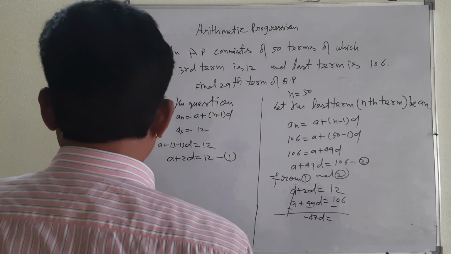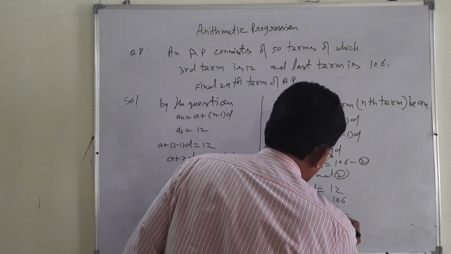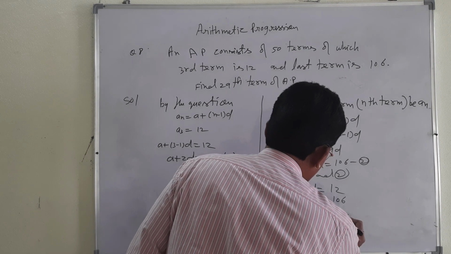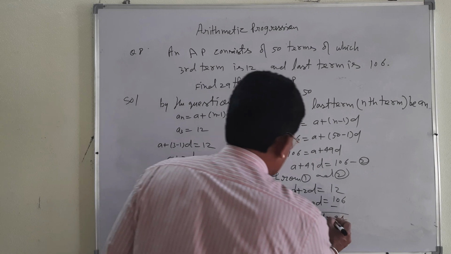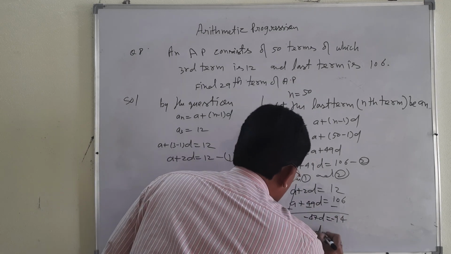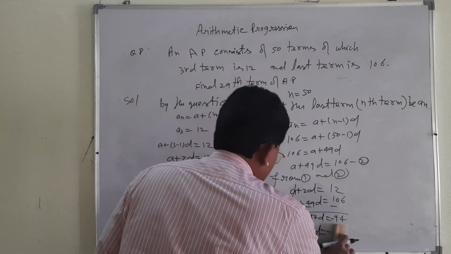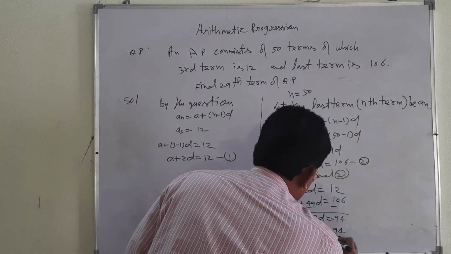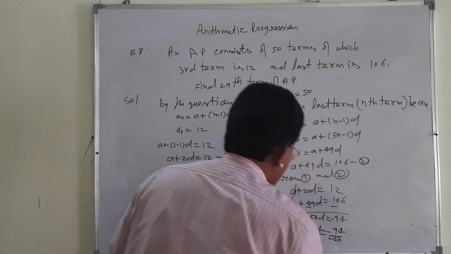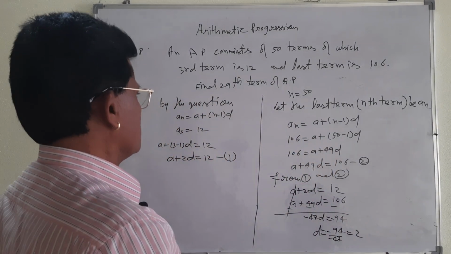How much will its value be? I think 94, but that will be negative. So d will be equal to minus 94 divided by minus 47, and it will be equal to 2. We got the value of d, that is 2.